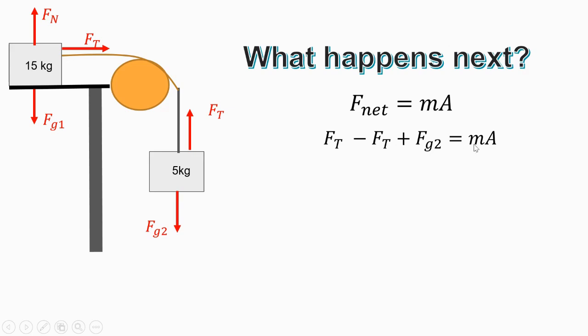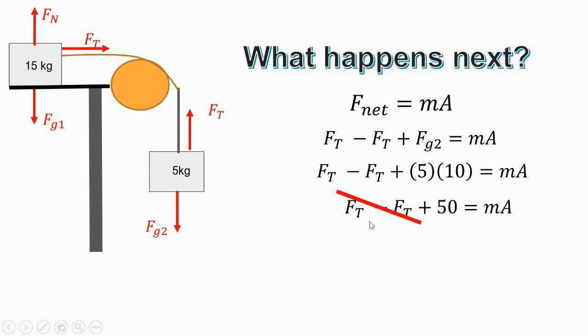Now, for the mass, first of all, the force of gravity is 5 times 10, because there's only one force of gravity that's actually influencing motion of the system, and that would be Fg2. So that's 5 times 10, and these tension forces cancel out.